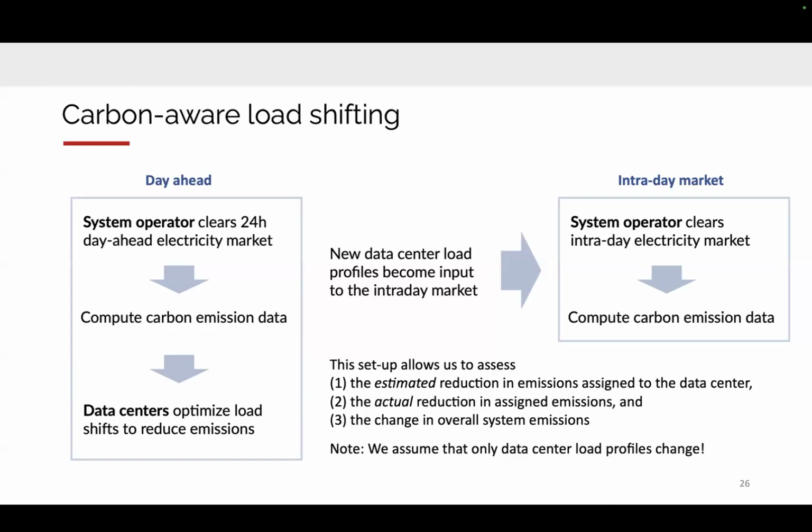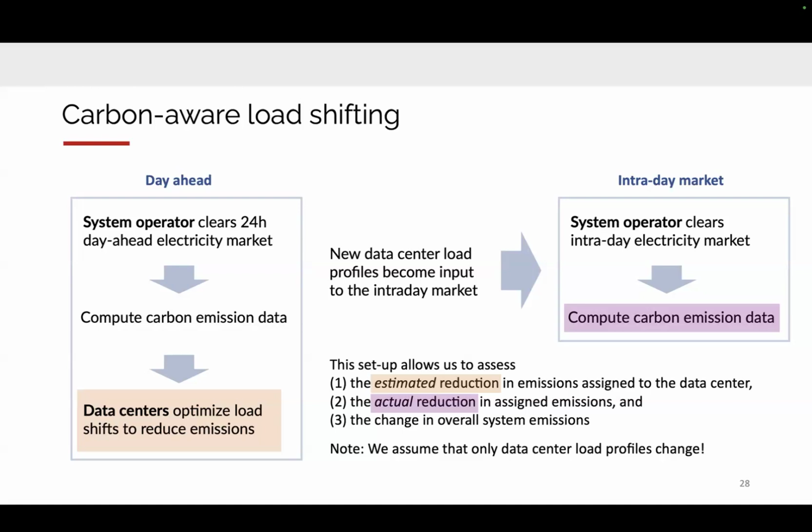So why do we use this setup? Well, this setup allows us to assess, first of all, the estimated reduction in emissions as the data centers think they are achieving, what are the emissions reductions that they can achieve when they are doing that optimization problem. So this is essentially the outcome of the data center optimization problem. Second, it allows us to look at the actual reduction in assigned grid emissions.